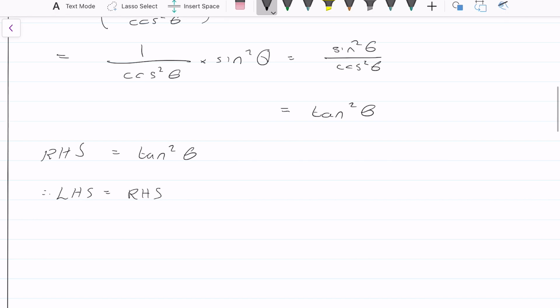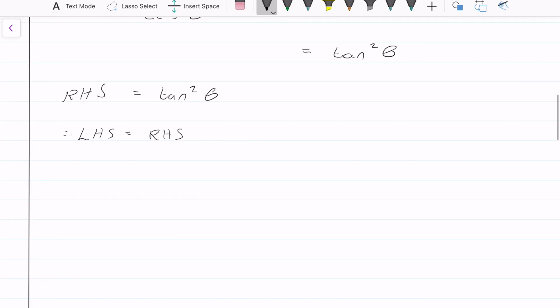Okay, let's look at the third example. So what we want to prove with example number 3 is that (sine theta minus cos theta) squared is equal to 1 minus 2 sine theta cos theta.